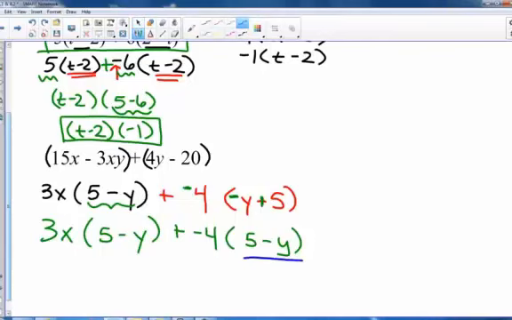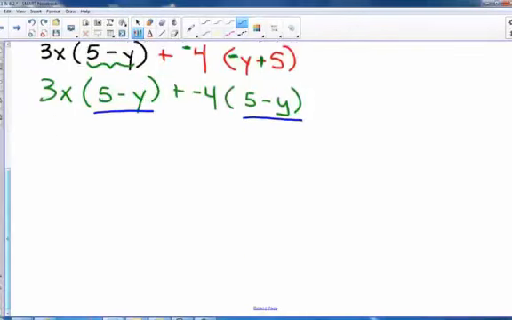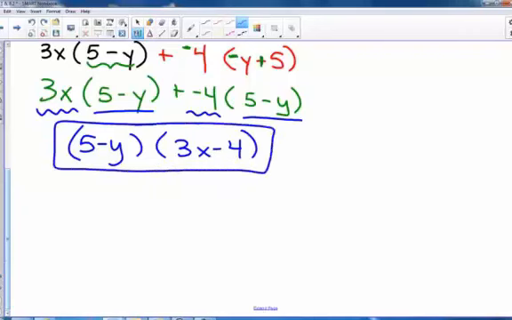So now do you see how I can make those parentheses the same just with a negative? So my same parentheses comes out, and I'm left over with 3x minus 4. So that's my factored form. Another way of factoring. Have a great evening.